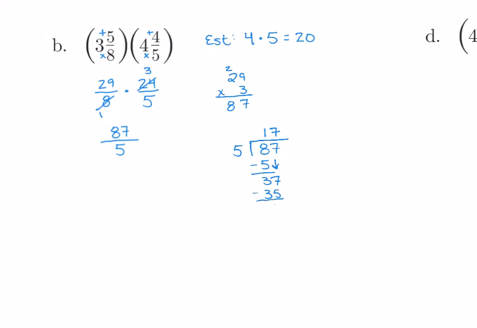Subtract, we get 2. And so 17 is our whole number, 2 is our numerator, and 5 is our denominator. We get 17 2/5. Now, is 17 2/5 in the ballpark of 20? Yes, it is. So this should be correct.